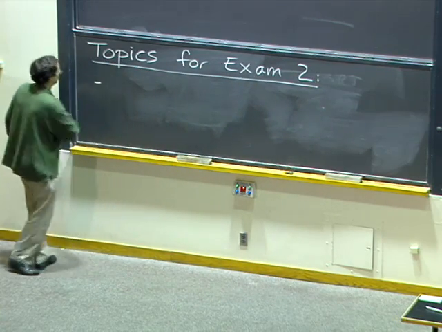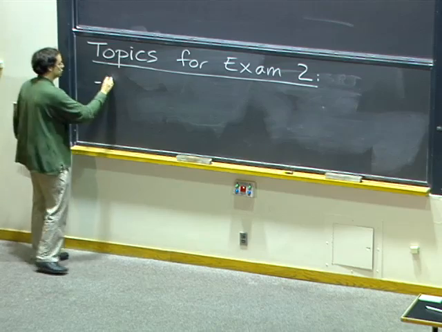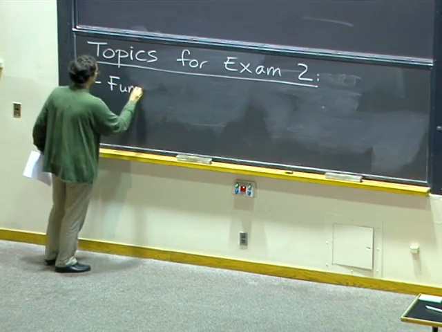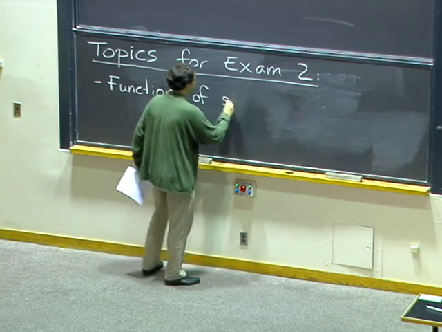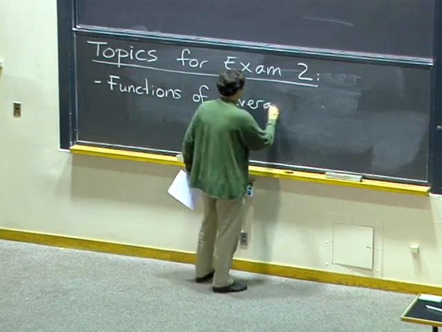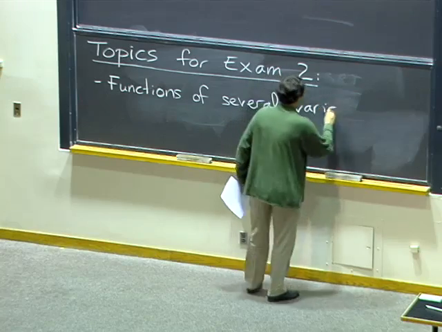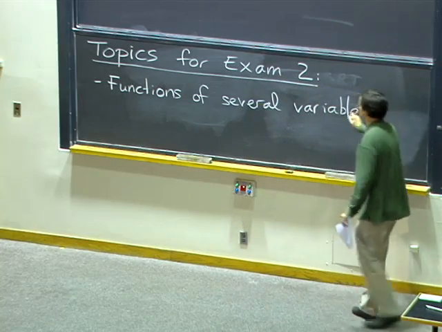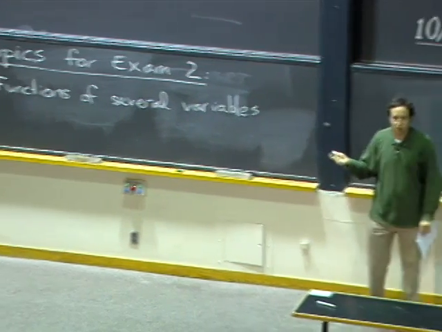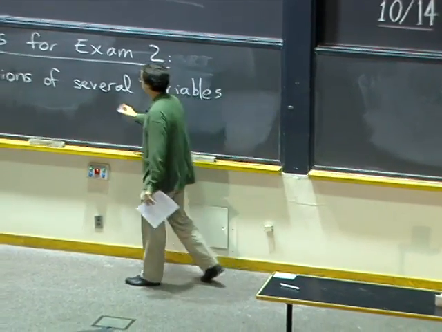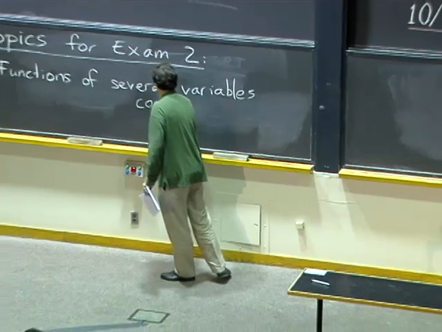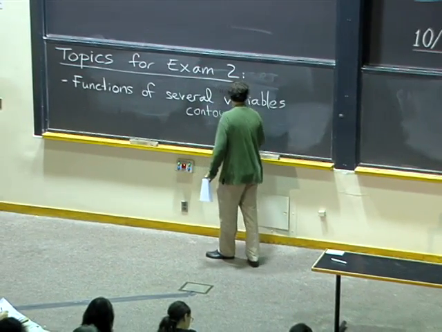So the first thing we learned about, the main topic of this unit, is functions of several variables. So we've learned how to think of functions of 2 or 3 variables in terms of plotting them, in particular, not only the graph, but also the contour plot, and how to read a contour plot.